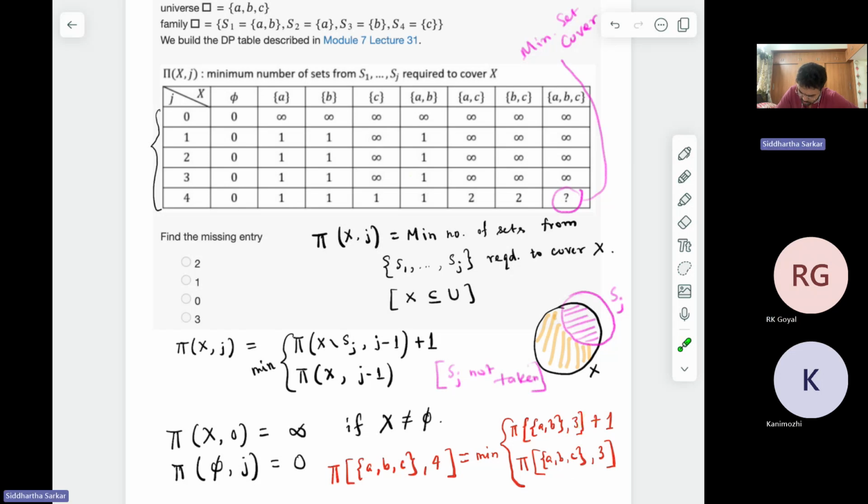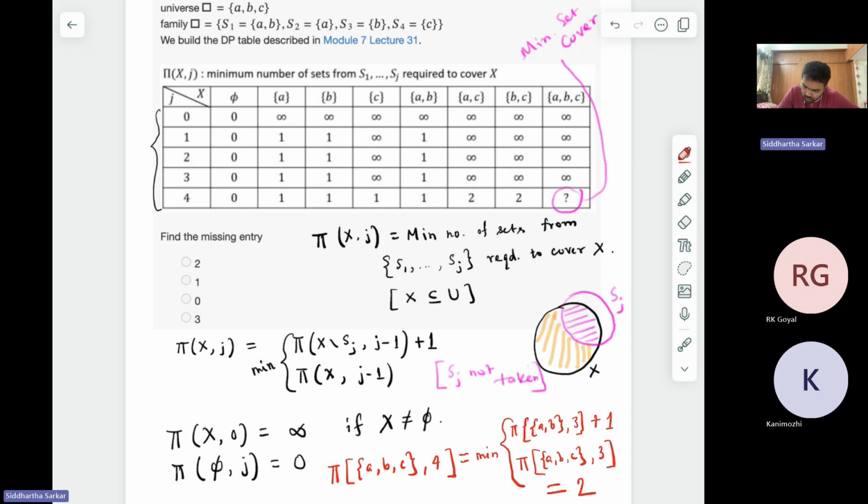And this is ABC, comma 3. So that is ABC, comma 3. It is saying that using S1, S2, S3 only, ABC cannot be covered. That is what it's saying. So this is infinity. So this is 2. The minimum of these two is 2. So that means our answer is 2.